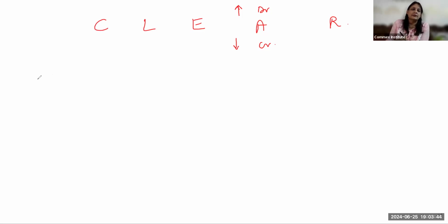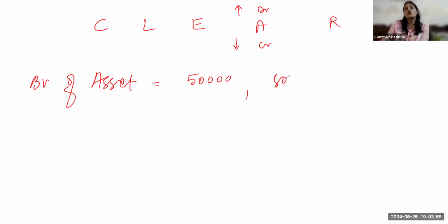Now, suppose I have an asset. Book value of the asset is suppose 50,000. Sold it for 60,000. Can you give me the entry, Bachu?